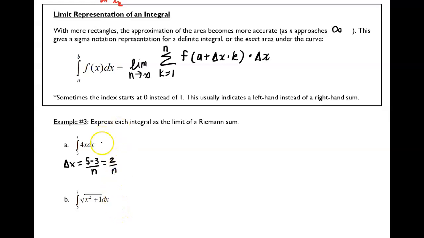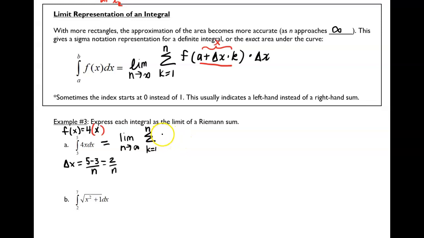And so when I'm writing my integral, I'm going to do the limit as n approaches infinity of the sum from k equals 1 to n. That part stays the same. Then I need to think about what my f of x is. My function f of x is 4x. And I want you to pay close attention to that x part. Wherever there is an x, that's where I'm going to plug this stuff in. This is taking the place of my x in my function.